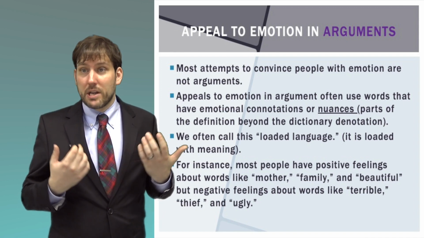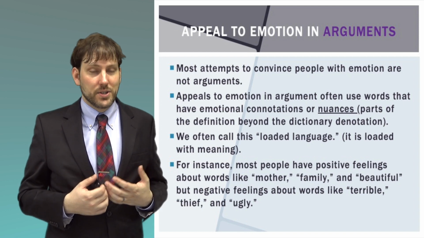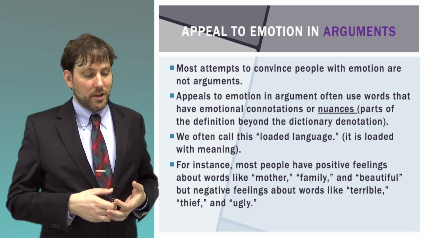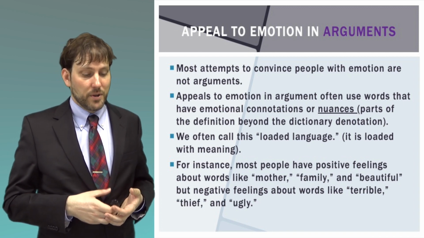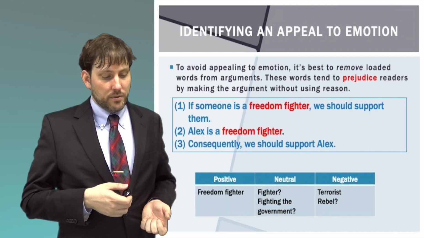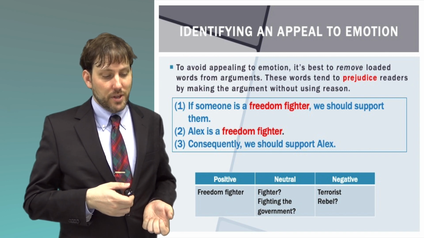Another term for the same idea is loaded language. This is because it is loaded with meaning in the same way that a gun is loaded. Most people have positive feelings about words like mother, family, and beautiful, but negative feelings about words like terrible, thief, and ugly. To avoid an appeal to emotion, it's best to remove words from arguments that are loaded.